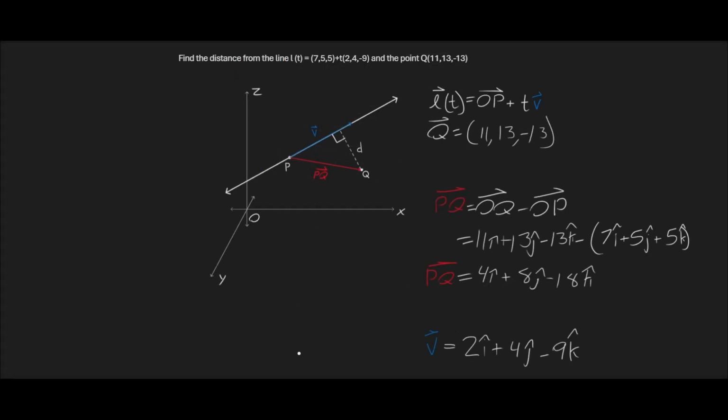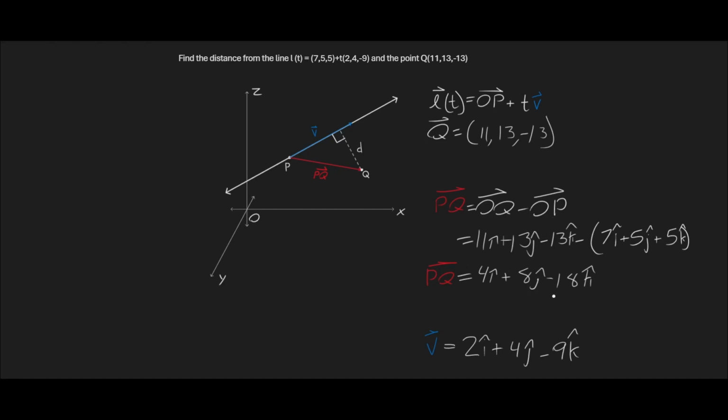So let's go ahead and look at another example. In this example, we have the same line, but this time the point is (11, 13, -13). So we're going to do the same process as last time. We're going to find PQ, and PQ is going to be OQ minus OP.